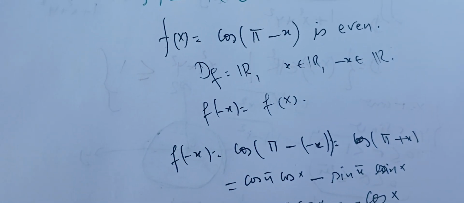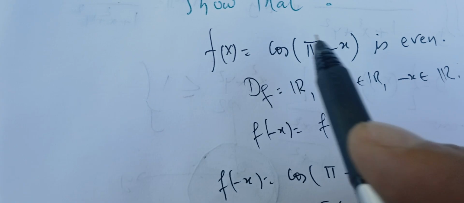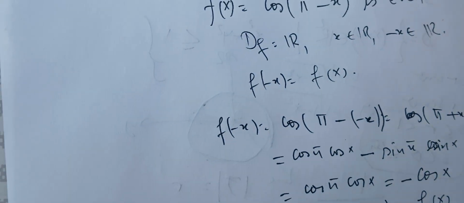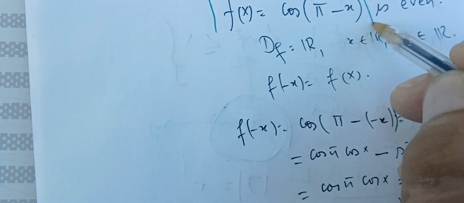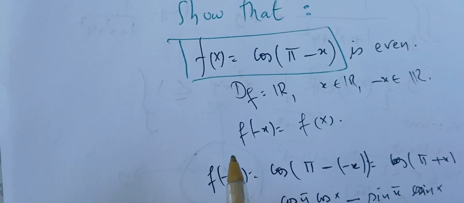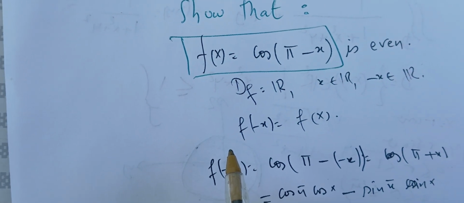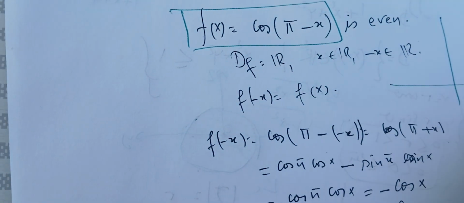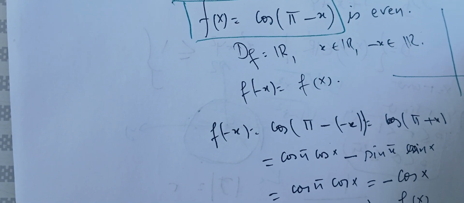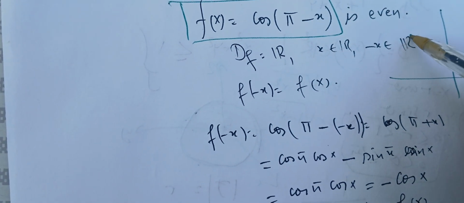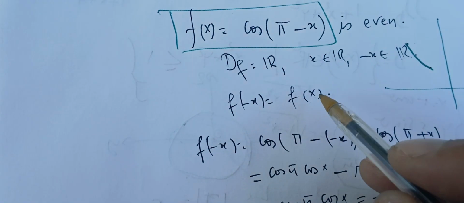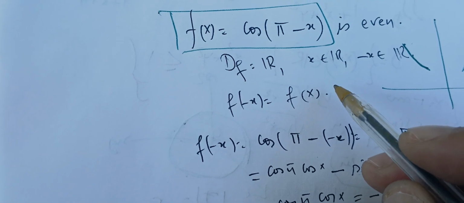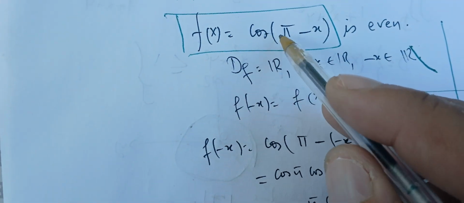To convince yourself that this function here is even, you have to graph it. So when you graph that, you should see that the function, let's say this is my function here, is symmetric with respect to the y-axis.